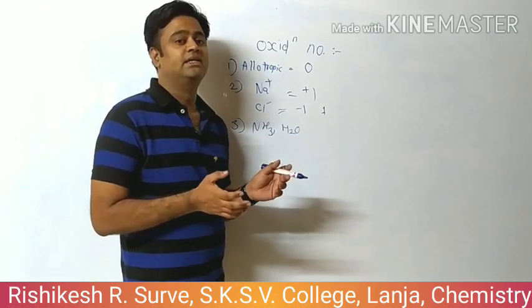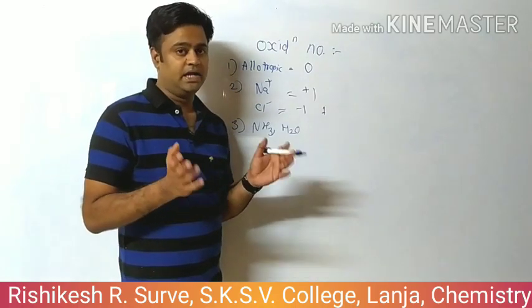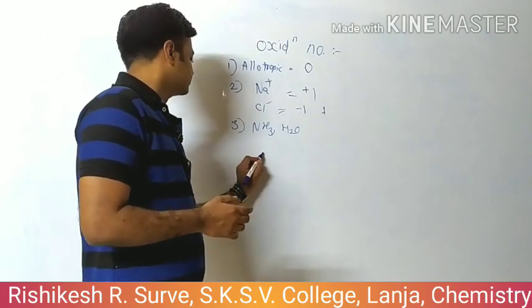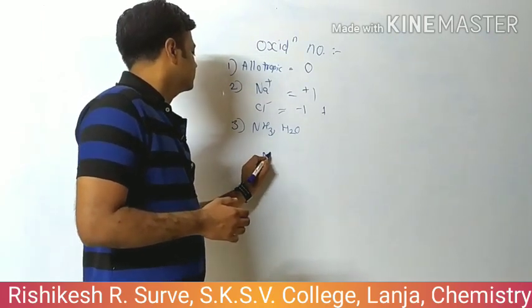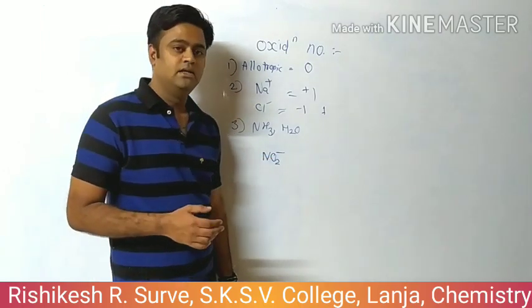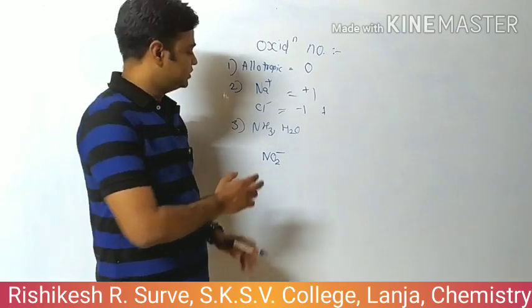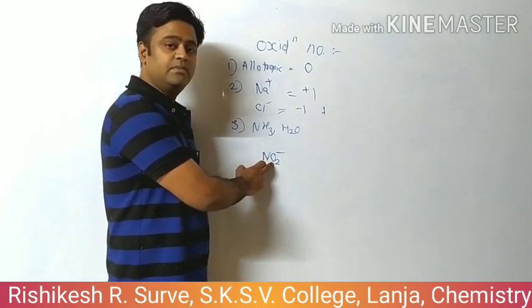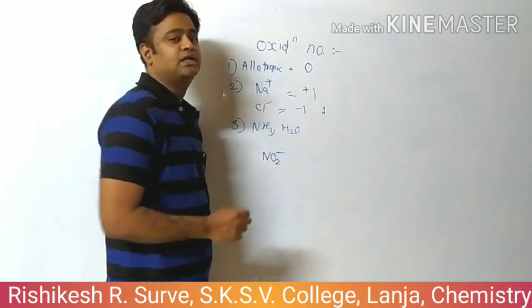But if we consider it as an ion, for example NO2 minus, then the charge of nitrogen plus the charge of 2 times oxygen will be equal to minus 1.